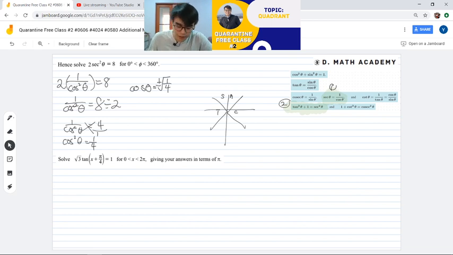So key in your calculator cosine inverse of square root of 1 over 4, and you get your result as 60.